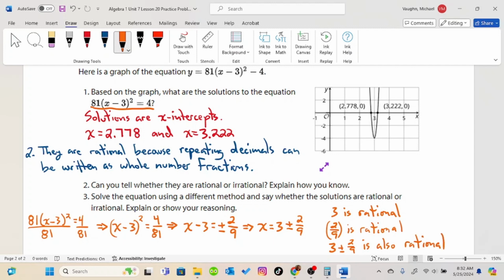If you have any questions about how to determine whether answers are rational or irrational, please ask for clarification so that you are set up for success on your end of Unit 7 test. There is going to be this material on the test.